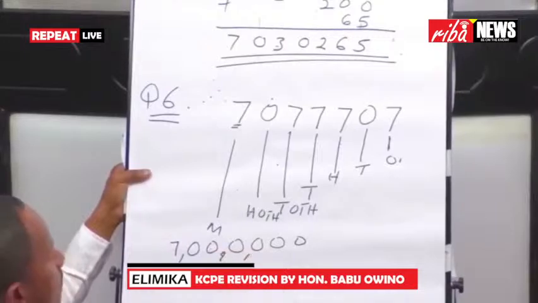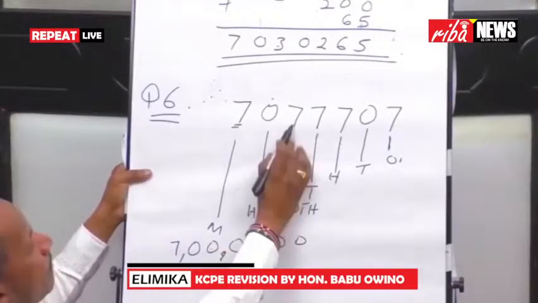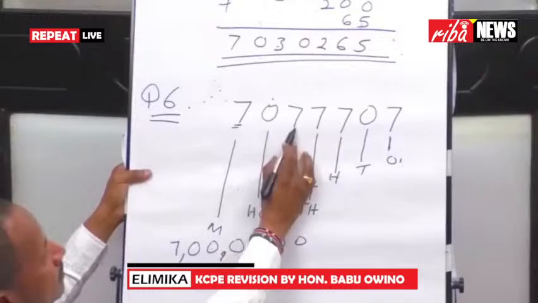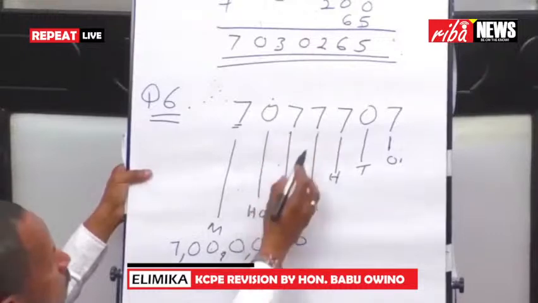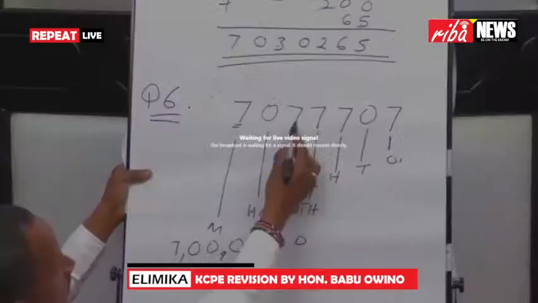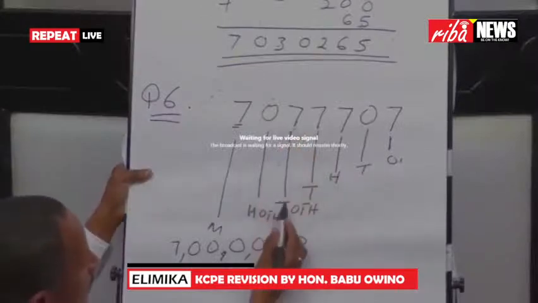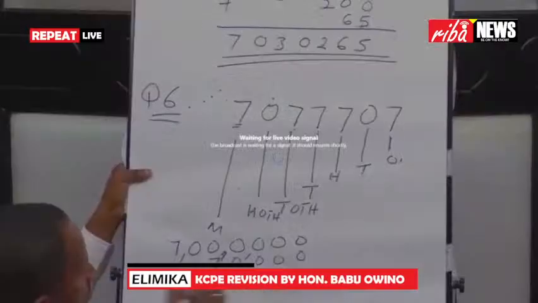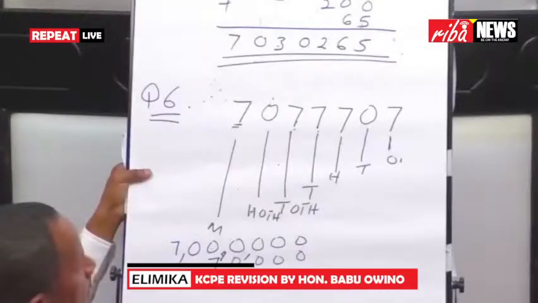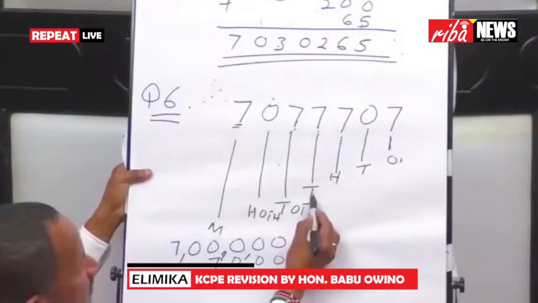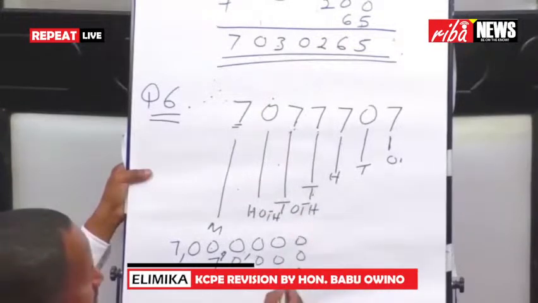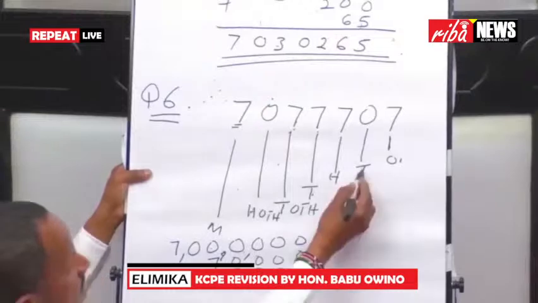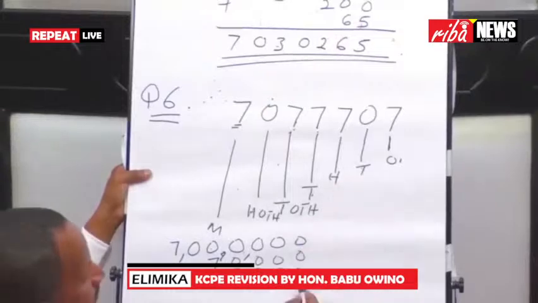7 million. Then come here. This is 77,000. So we have 70,000. This 7 is in thousands. So this is 70,000. Then 7 is in thousands, so 7,000. Then we have tens, which is 0. Then we have 7.